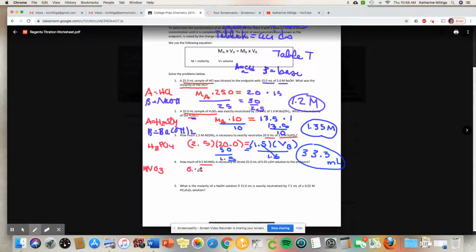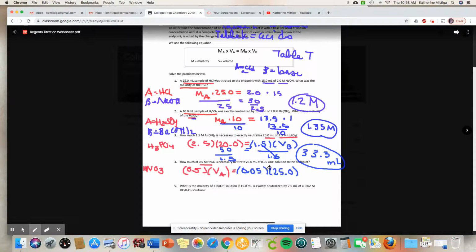So I've got 0.5. I'll use parentheses because it makes it a little bit easier to see. Don't know that. Which means that the 0.05 lithium hydroxide and 25 has to do with base. All right, now let's do some math.